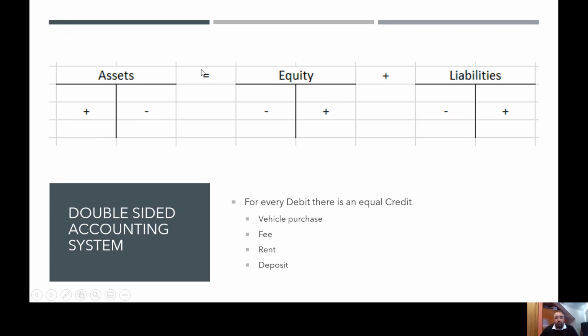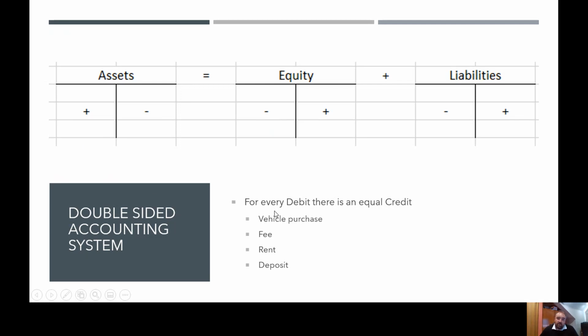Then if we move over the equal sign, we will find equity and liabilities. Now there it changes around. Equity would decrease on the debit side and increase on the credit side, and a liability will likewise decrease on the debit side and increase on the credit side.